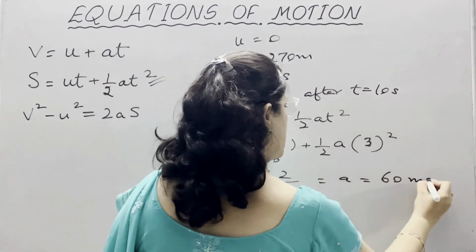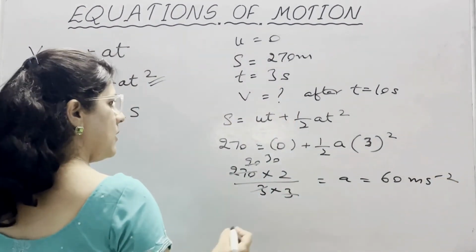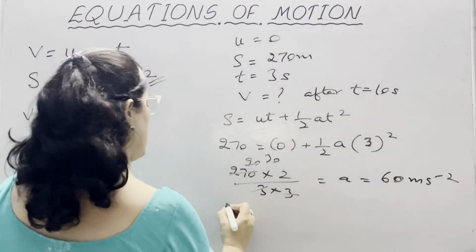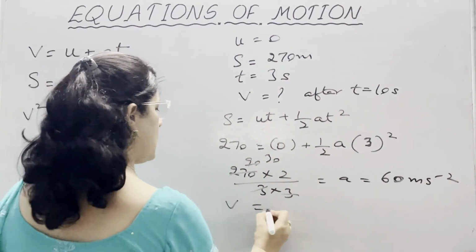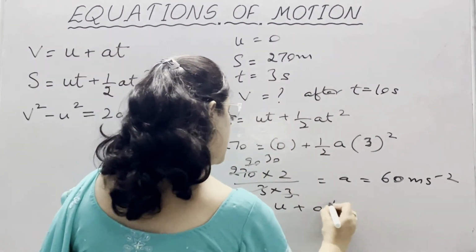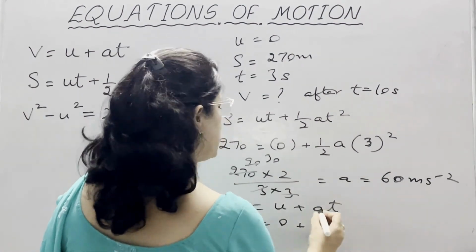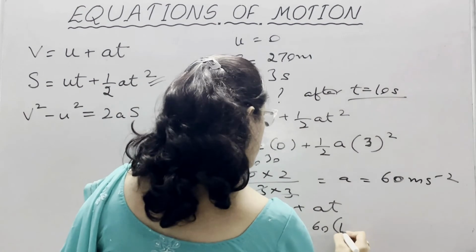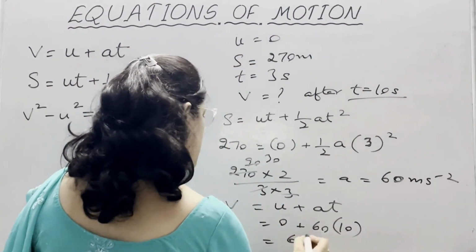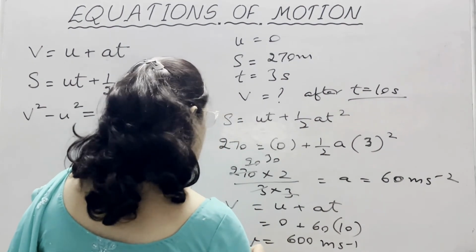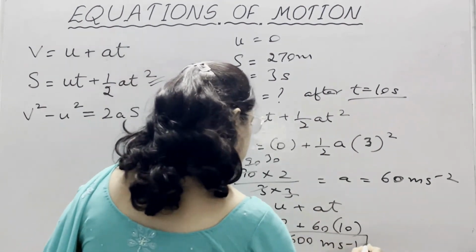Acceleration is 60 meter per second square. Now we get this acceleration, and we can calculate value of V. V is equal to U plus AT. U is 0. Acceleration we have recently calculated as 60, and time is 10 seconds. So 60 multiplied by 10, 600 meter per second is the final velocity of the body.